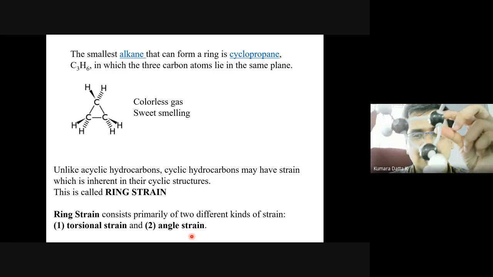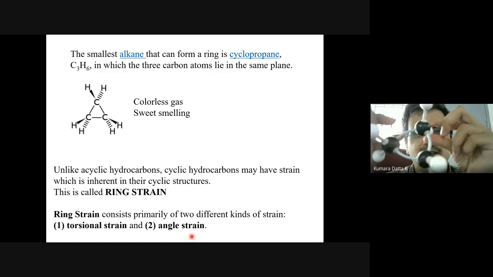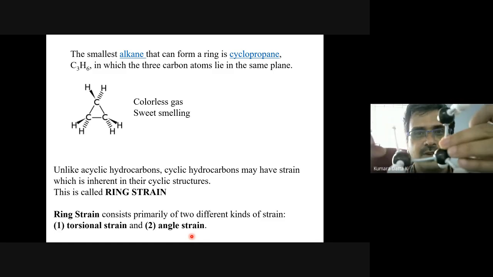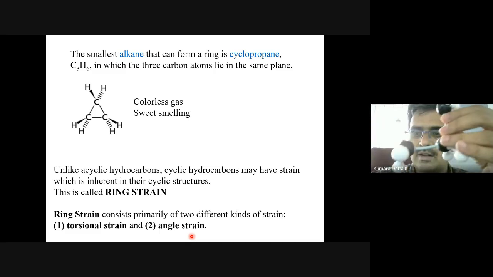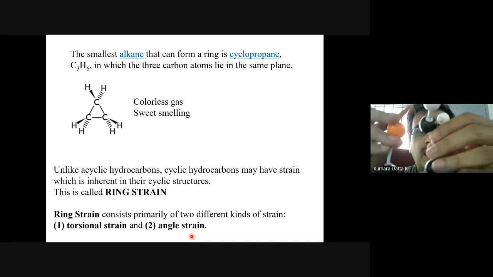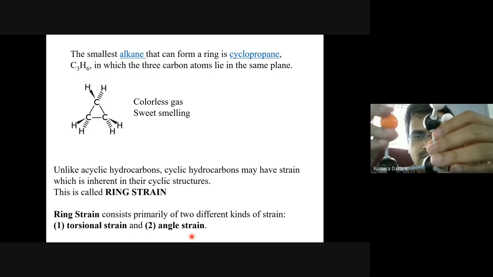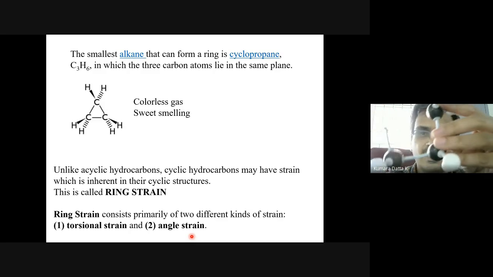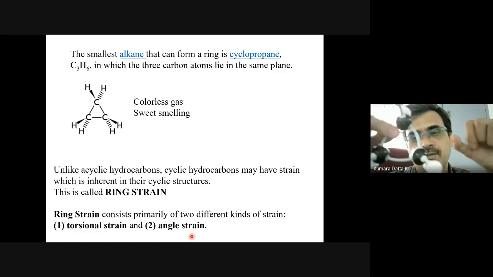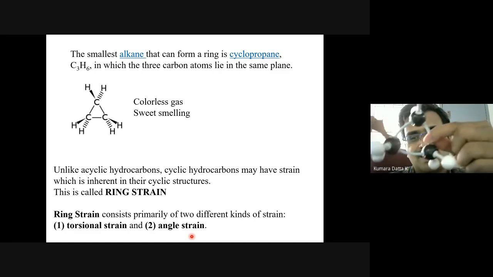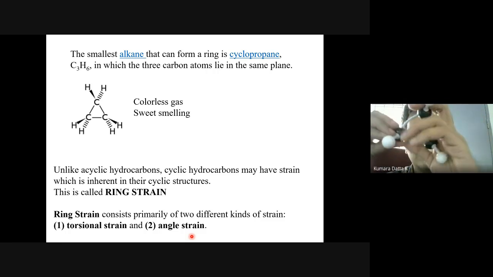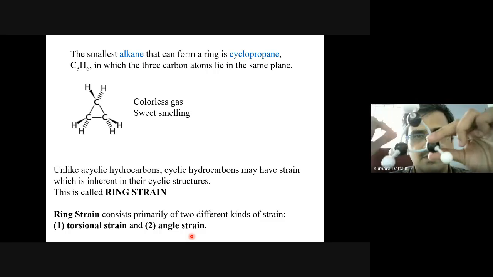So as compared to these bonds, if I put one more carbon atom here and connect these two, there is no strain, but you can see here. Can someone tell me what these kinds of bonds are called?